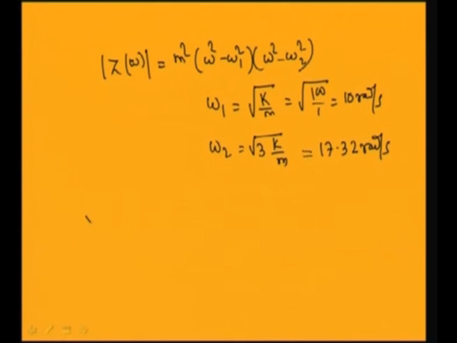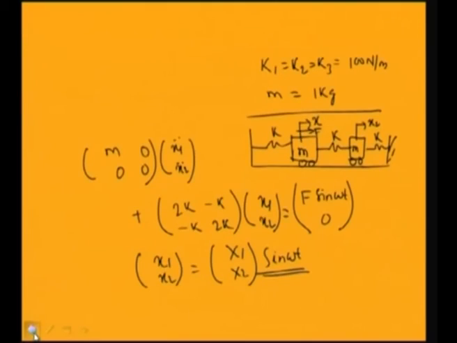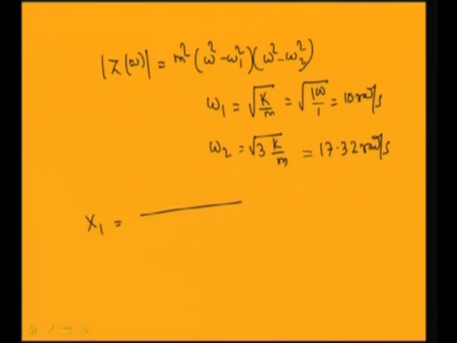Now you can find x1. By substituting this equation in this equation you can find x1 and x2; we have already found that expression. So x1 becomes 2k minus m omega square, into F, divided by the determinant Z omega.